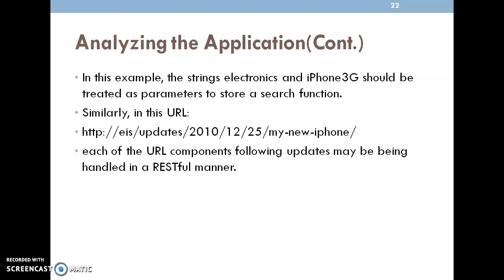In this example, I have given iPhone 3G as a parameter to the search function. Whenever you go to any online site, different search criteria will be there based on brand, price, color, and range. In such a way, we have to specify the search criteria. That can be provided in terms of the URL path.